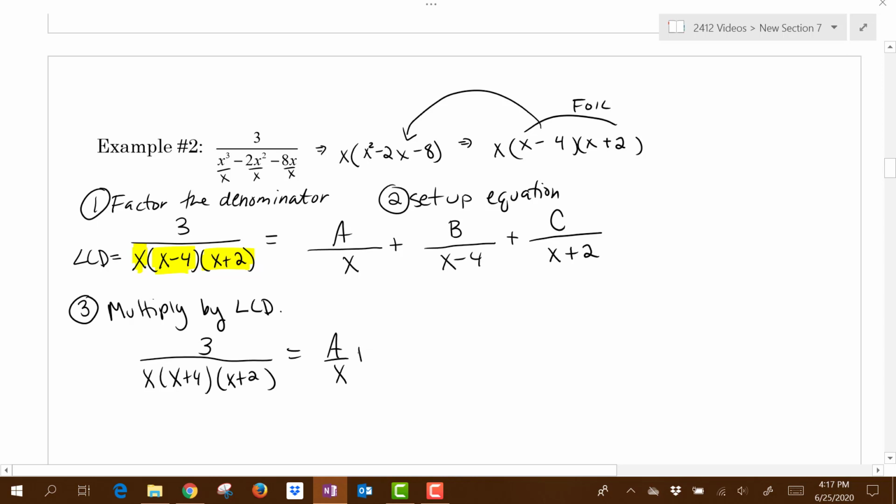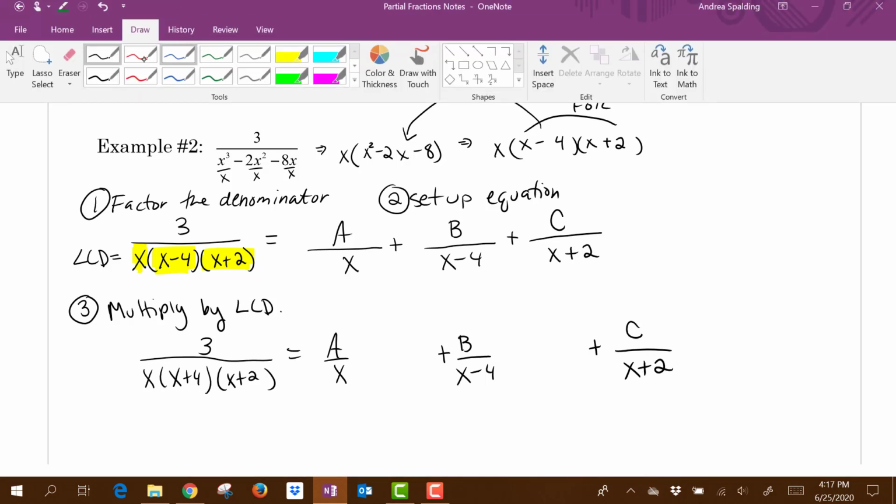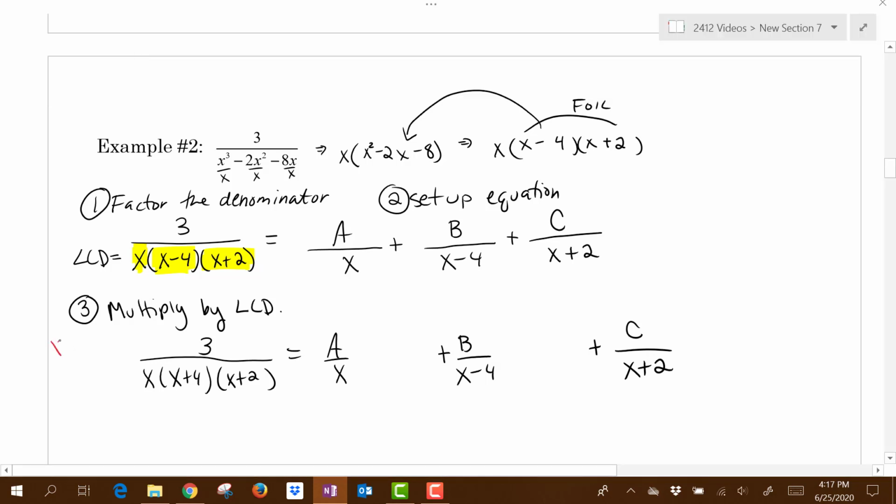I'm going to give myself a little bit of room in between the fractions. Alright, so I'm going to do x times x minus 4 times x plus 2 over 1. We're going to multiply that times every fraction.